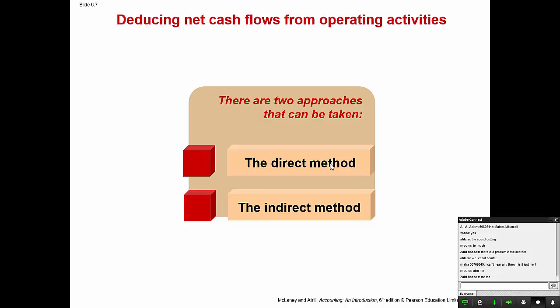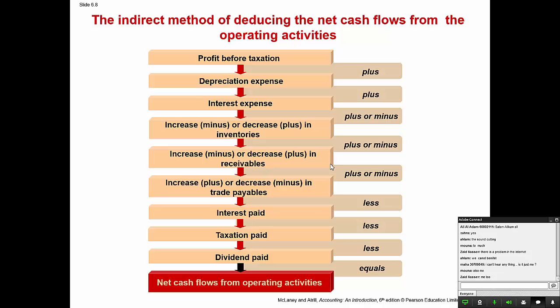The other method, which is the indirect method, we can get it through this chart. This is the indirect method of deducing the net cash flows from operating activities. In the income statement, we have this amount, which is the profit, and also we have the tax.